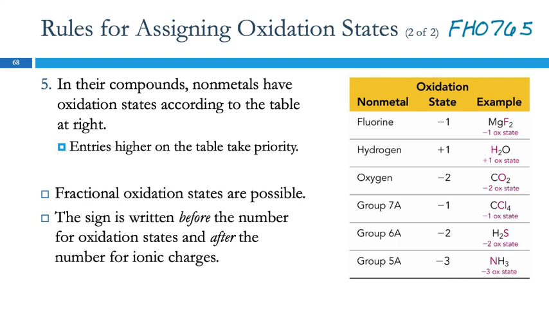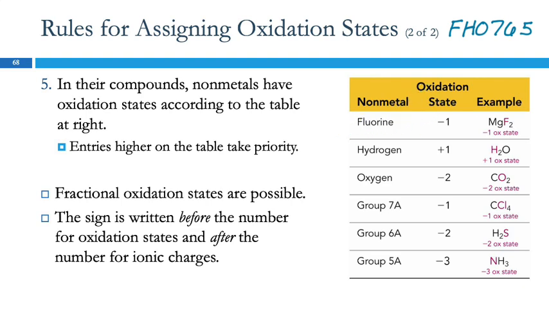So when we're looking at the nonmetals in compounds, this is the order in which they get to pick their oxidation state. That's how I think of it. What oxidation state are they going to pick? They're going to choose the oxidation state that would be their ion charge if they were an ion, right? So if fluorine becomes an ion, its charge would be -1.